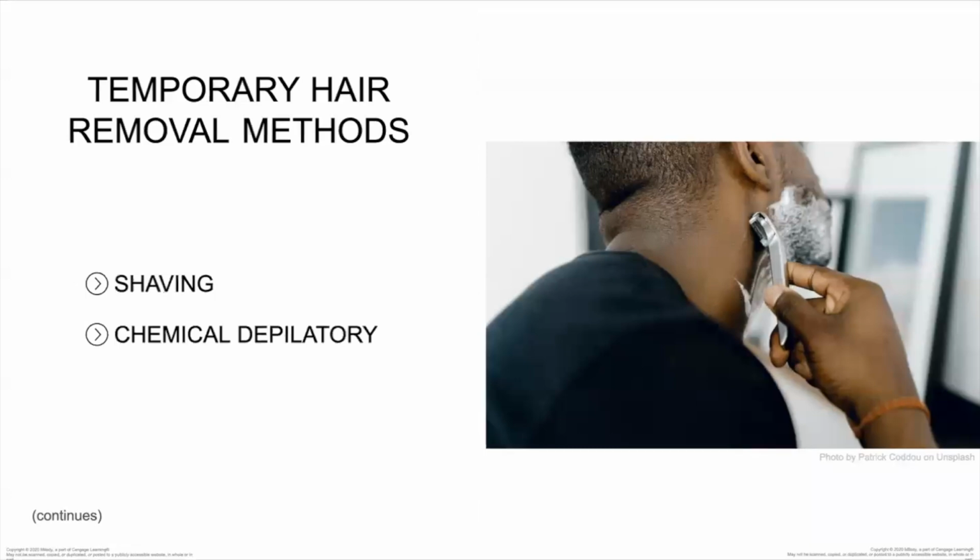You then have temporary methods like shaving and chemical depilatory methods, manual or chemical. So manual would be like the shaving, chemical would be like Nair.